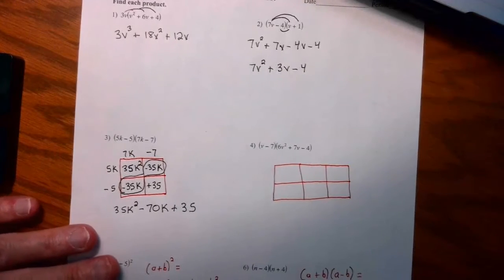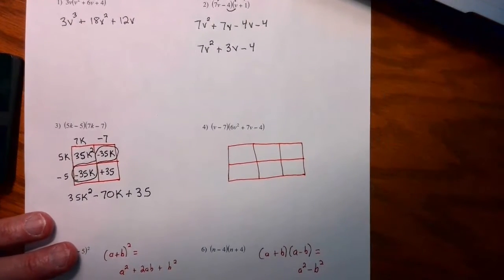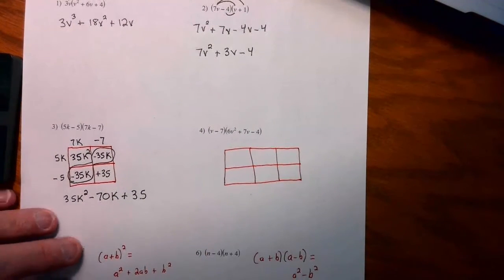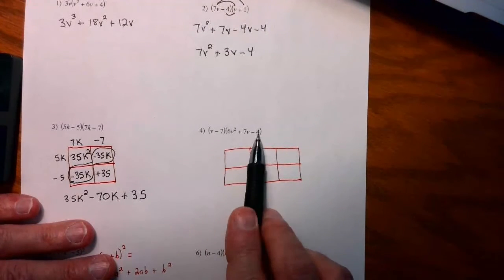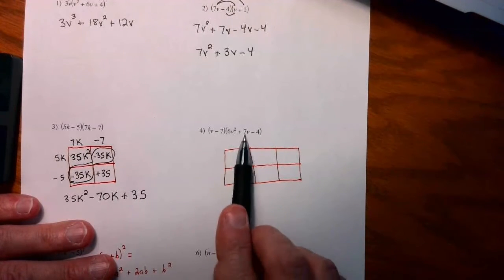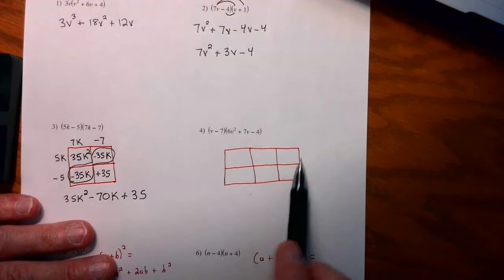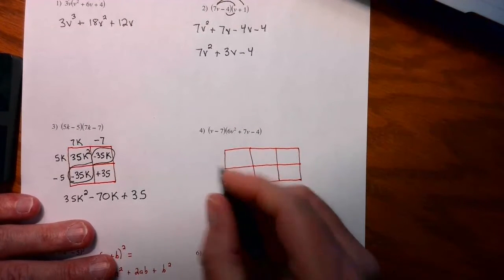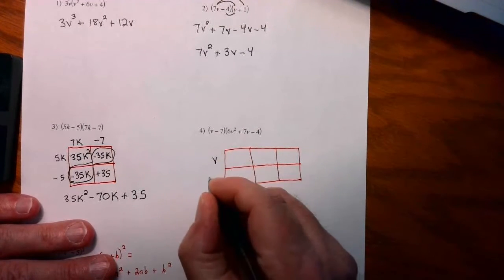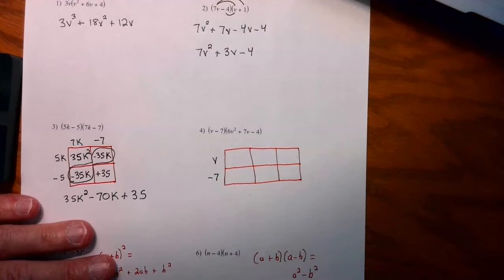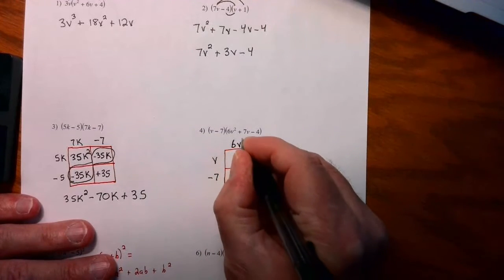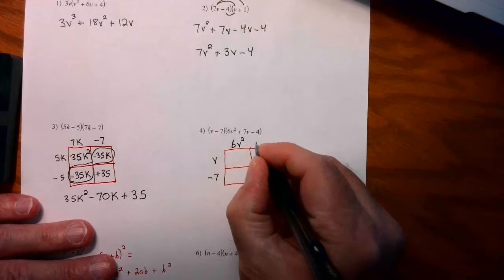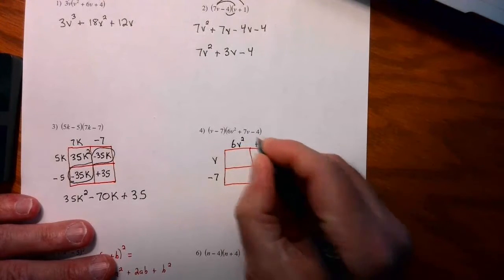All right. Let's do the big one. I always make a box for these. Again, it's a binomial times a trinomial. Think of this as like a 2 by 3. So we make a 2 by 3 box. So down the side, I make the v and the minus 7. Along the top, I make the 6v squared plus 7v minus 4.